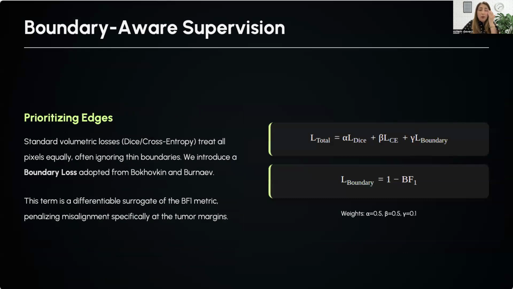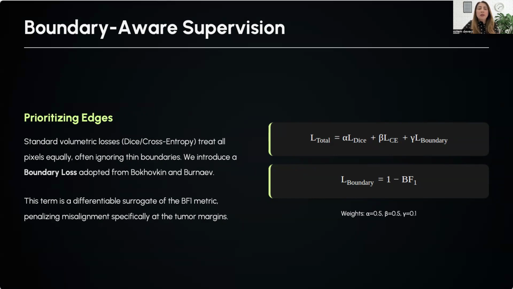However, a better architecture wasn't enough. Standard loss functions like Dice loss treat all pixels equally. They don't care if the boundaries are slightly blurry. To fix this, I introduced a boundary-aware loss function. I combined Dice and cross entropy loss with a specific boundary loss term, weighted at gamma 0.1.